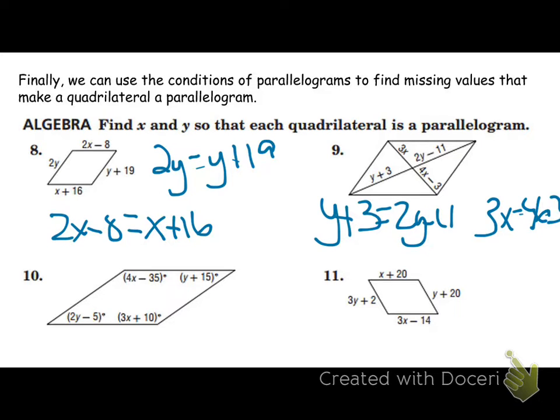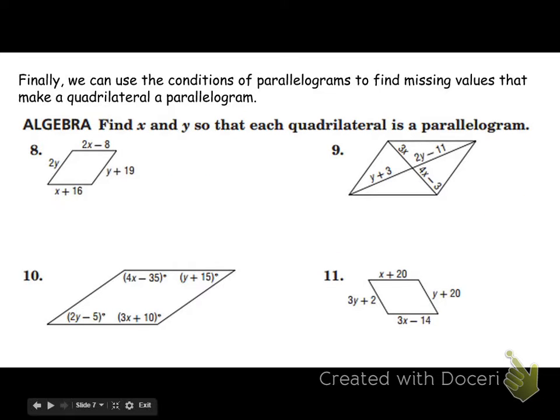Et cetera, et cetera. I think you guys got this. Do you understand it better now that you've seen it with me? Yes, thank you. There were some problems where there was an x and a y, and you may have to do a little system of equation work there.